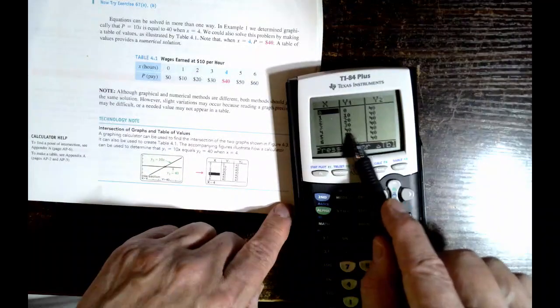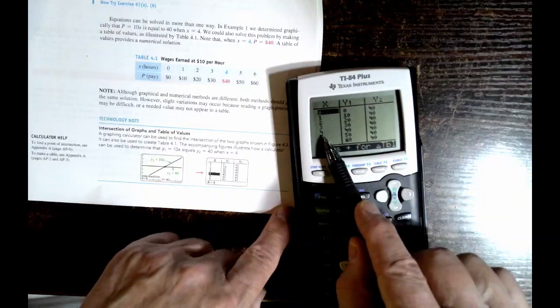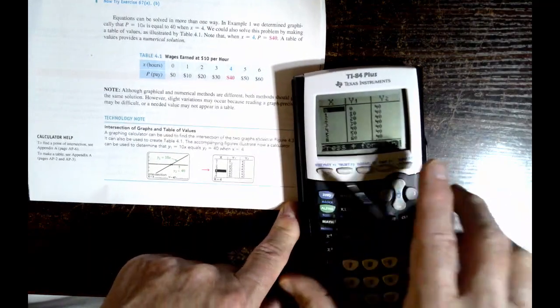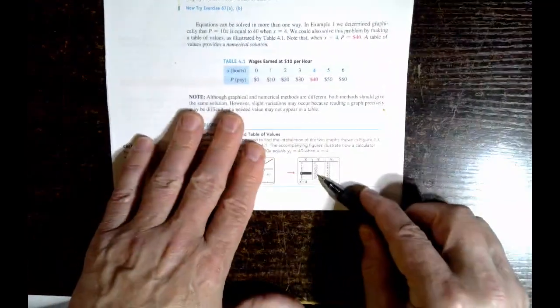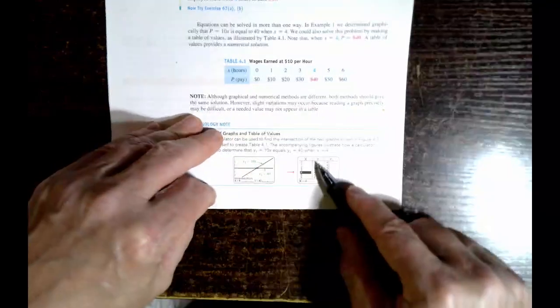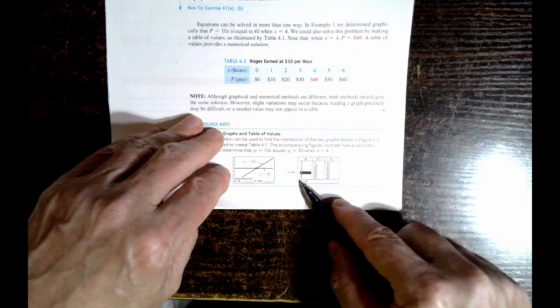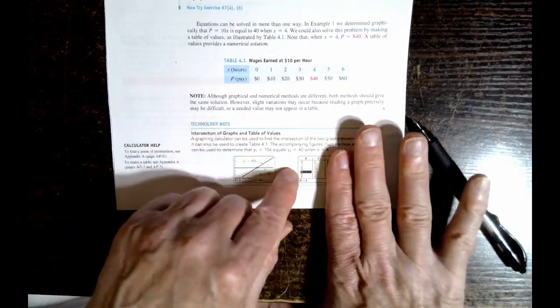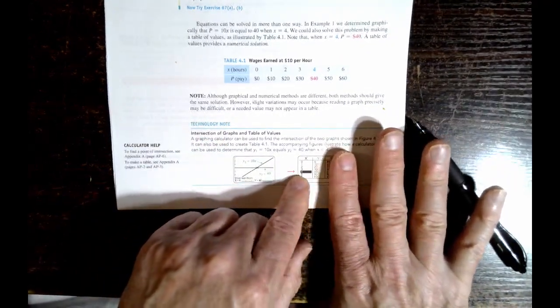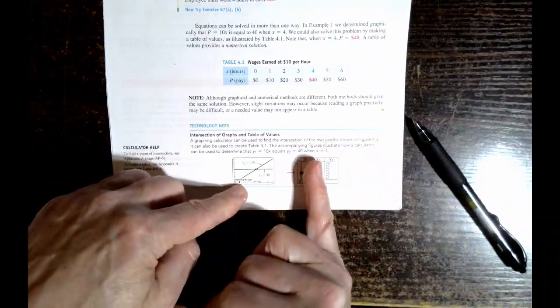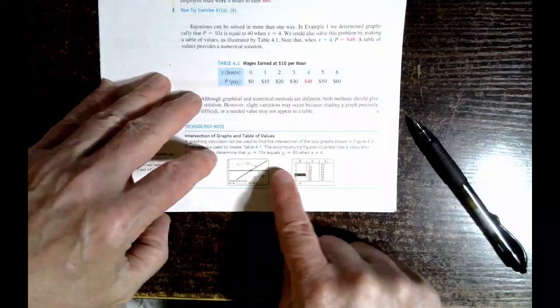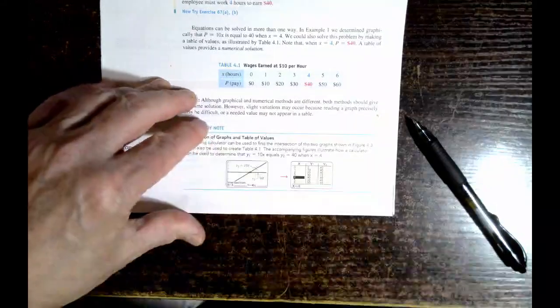They're both 40 right here, 40, 40, when x equals 4. So that's your answer. Whenever you have a table and you set up two different lines, you're going to have two y values for the same x value. So you can imagine this is the table with just x and y1, and then imagine y1 is gone and you just have x and y2. So these x coordinates match up with y1 and y2.